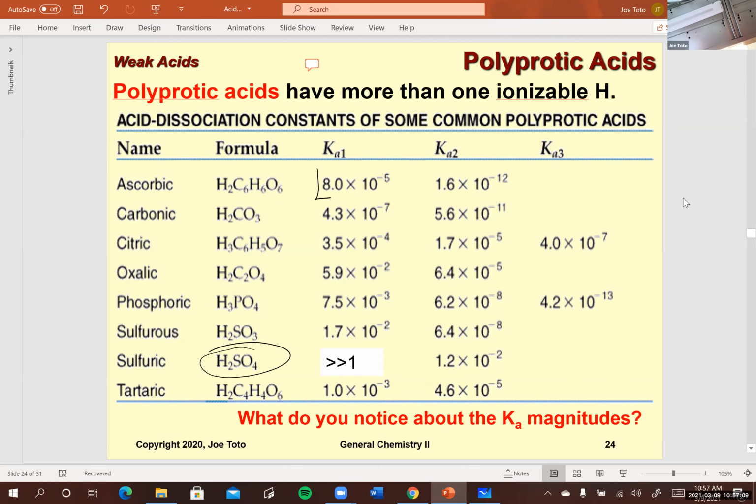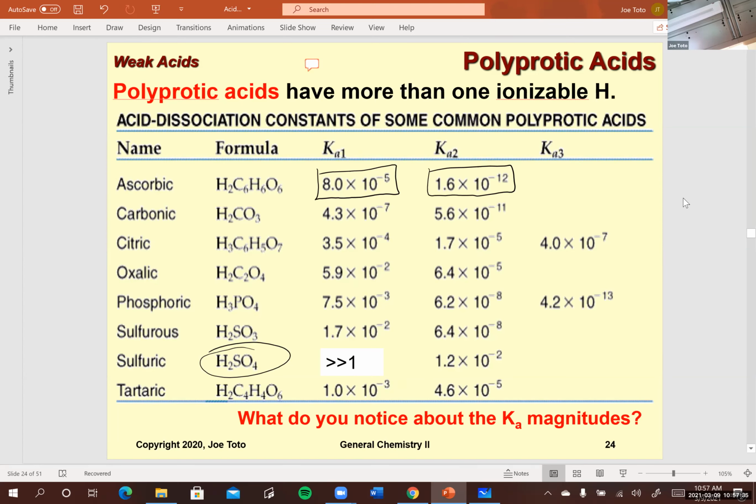So the first deprotonation of ascorbic acid, 10 to the minus 5th, the second one is 10 to the minus 12th, which tells me that it's harder to take off that next proton than it was the first one. And that's true in every case.